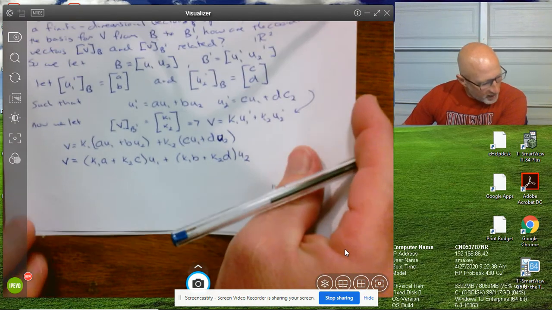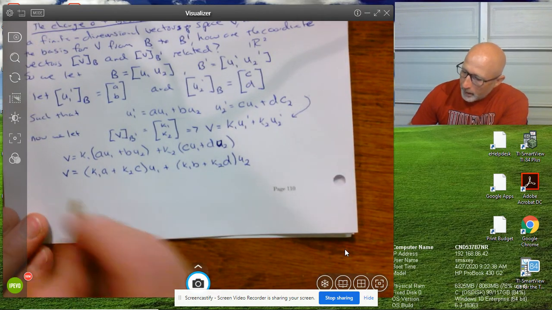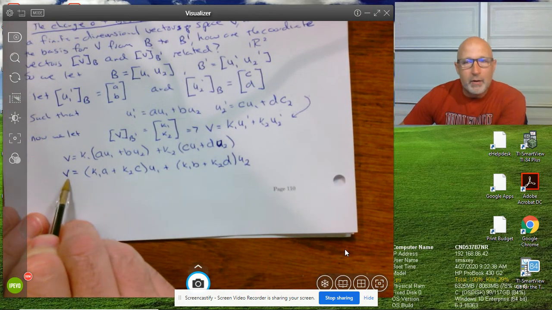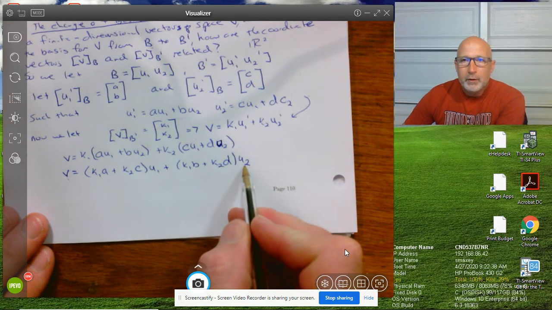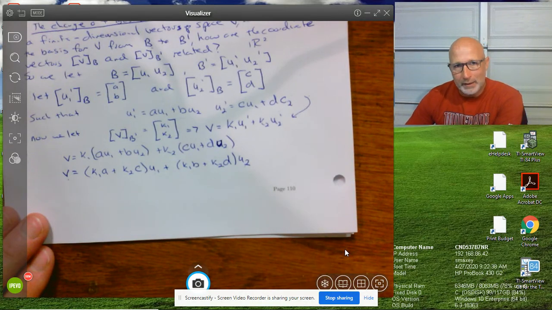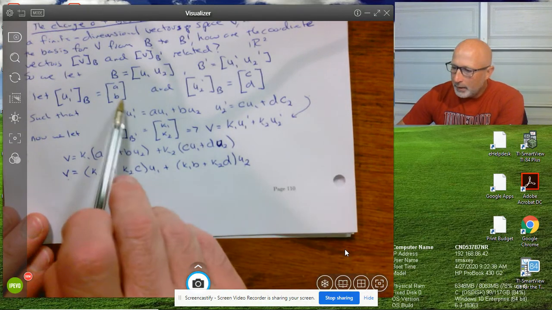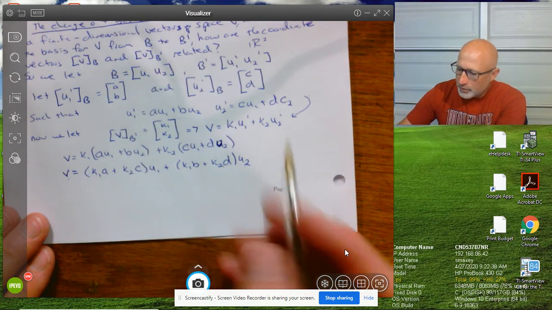So what do I know then? I can rewrite this vector: V is now a linear combination of U1 and U2. That's just a way of rewriting the vector V under the basis B, because remember, the basis B is given up here as U1, U2, and everything can be written as a linear combination of those.